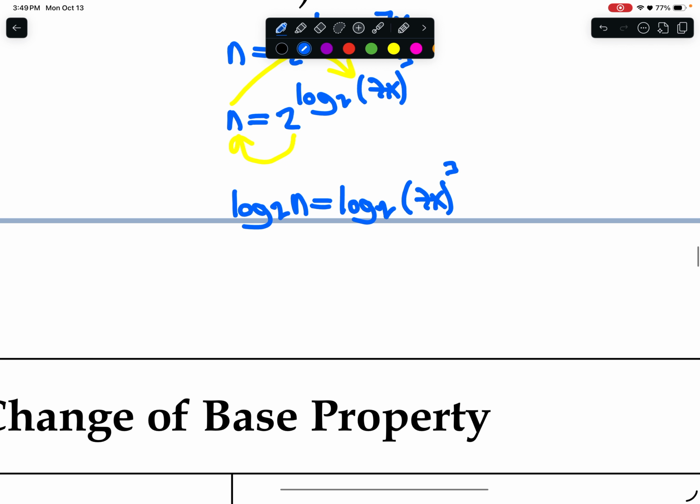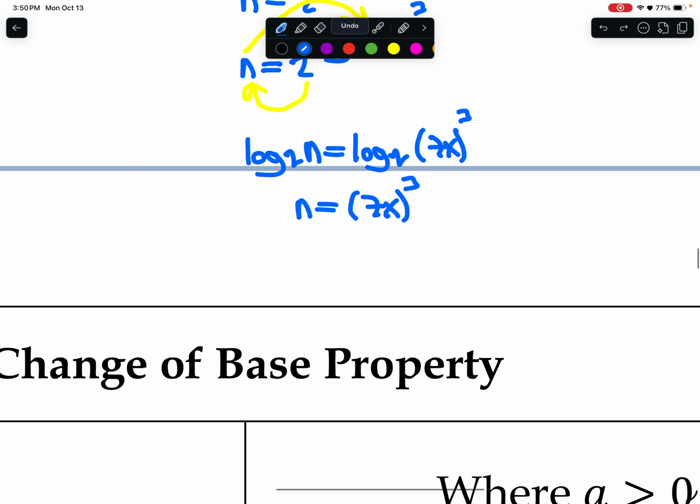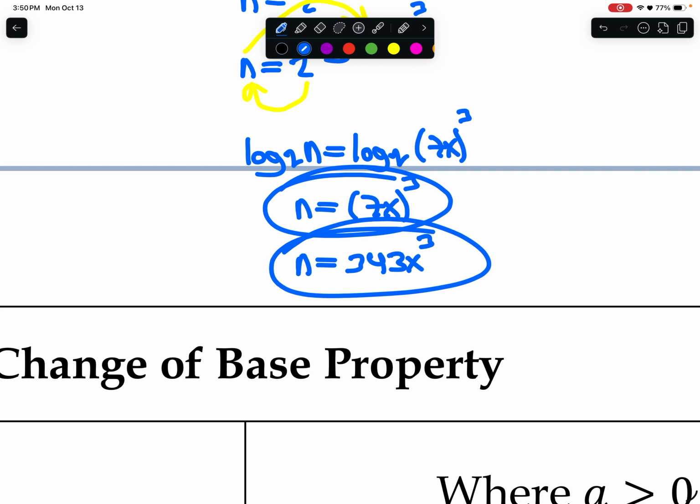And then, of course, set the arguments equal. So n is equal to 7x all cubed. So either that could be your answer, or who knows, we may make you simplify it. So 7 cubed, which is going to be 343 x cubed. So either one of those could be expected.